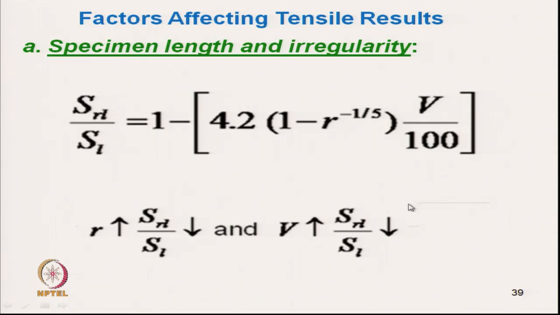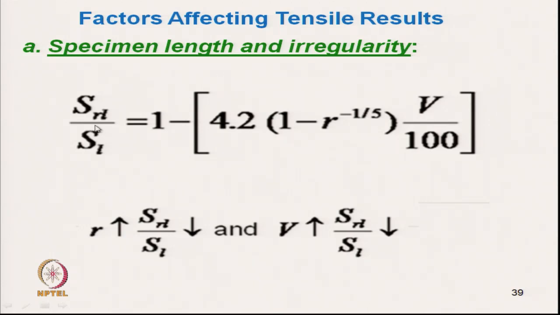Now, let us see what will happen if R is 1. R is 1 means we are testing at the same gauge length; we are not changing the gauge length. Then this value will be 1, and this total term, 1 minus 1, will become 0.